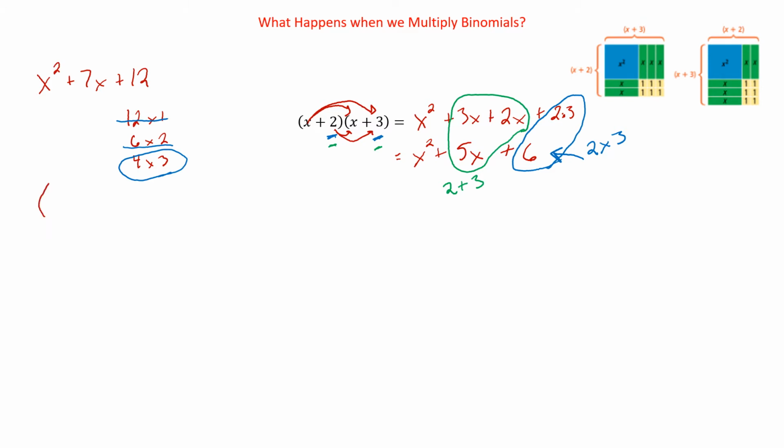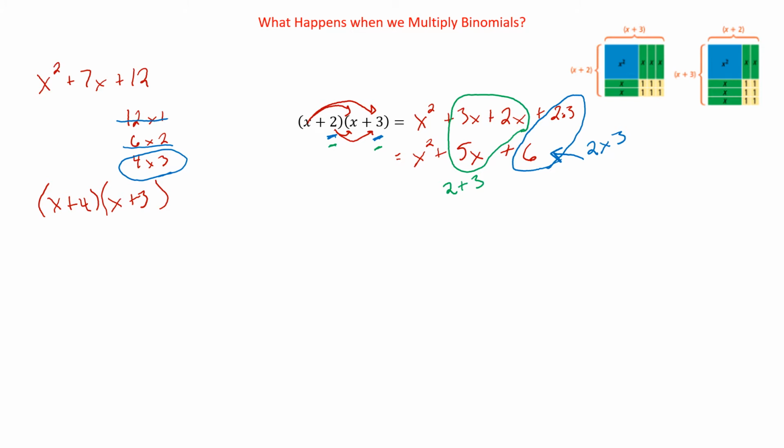And so our binomials will have x, because x times x equals x squared. And then we need a 4 and a 3. So plus 4 plus 3. If we multiplied this out, x times x was x squared. X times 3 is 3x. Plus 4x is 7x. And then 4 times 3 is 12.